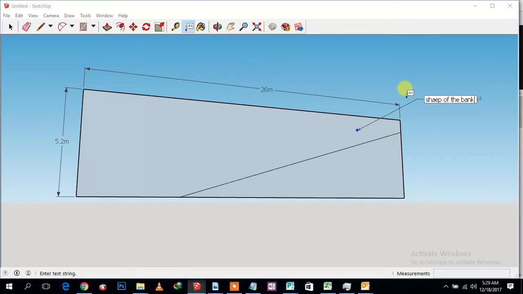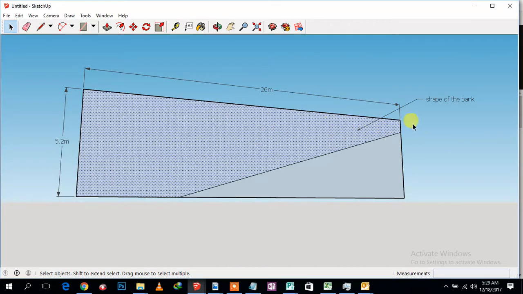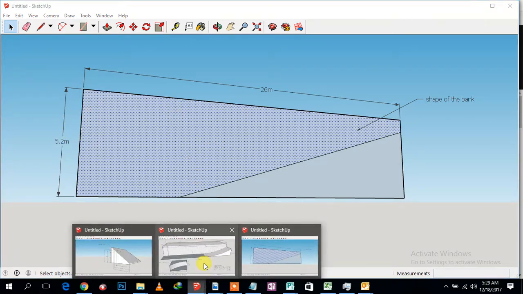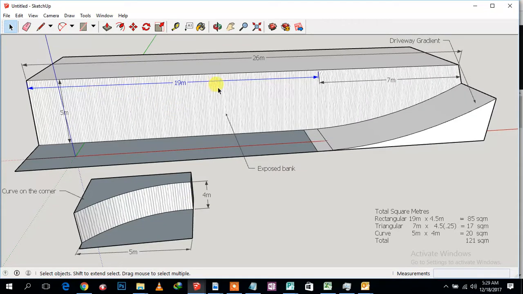Excuse me, I just did a typing error. Basically, I was hoping it was going to be a triangular shape, as I said earlier. But yesterday, if you look at the bank, it's got a certain area that has the same width stretching from the corner, sustaining the same height of about 5 meters.